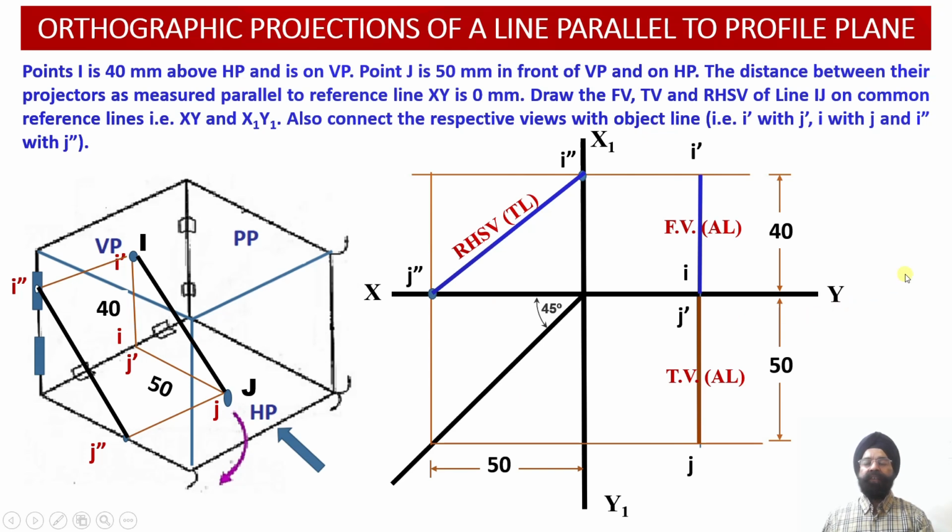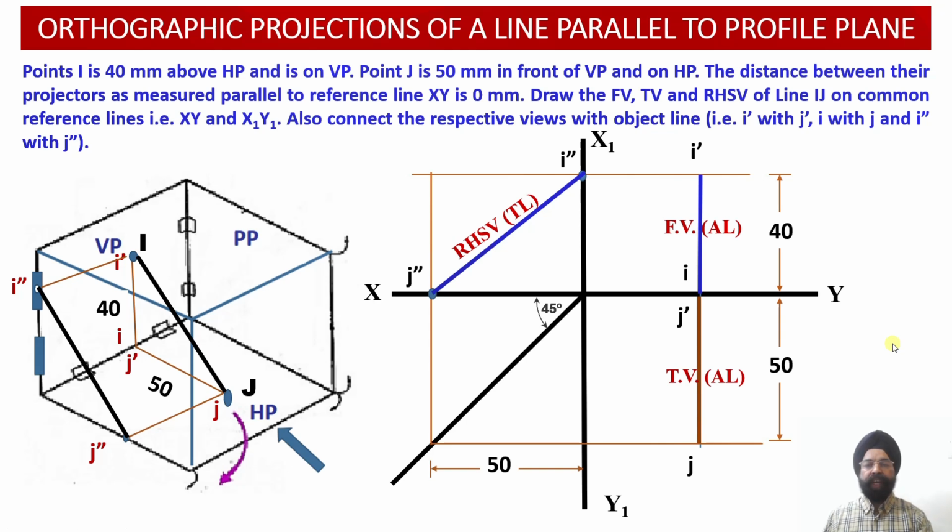So this way we have evaluated the true length projection of the line in the right hand side view, and the apparent length projections of this line in the front view and in the top view. So the orthographic projections of the line which is parallel to the profile plane and inclined to both the reference planes, that is the horizontal plane and the vertical plane, have been obtained over here.